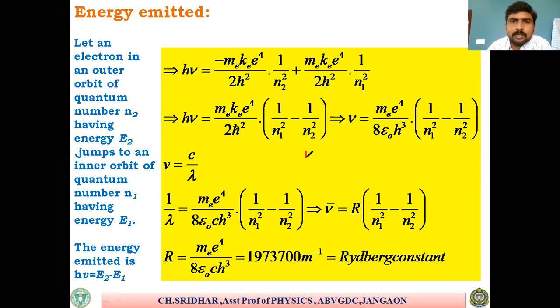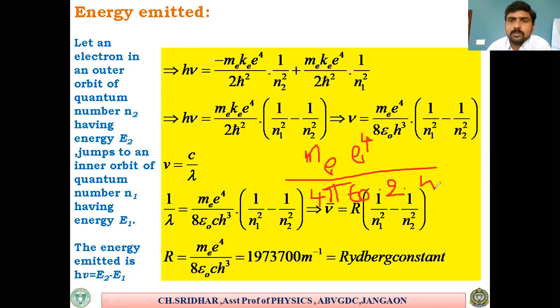Me into e to the power of 4 divided by, Ke is equal to 1 by 4 pi epsilon naught. So 1 by 4 pi epsilon naught, here I am writing into 2 into h cut square, which is h square by 4 pi.